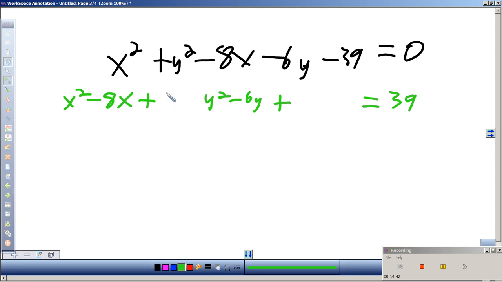16. How do you get 16? 8 divided by 2 is 4, squared, so we know this is going to be 16, and over here 9. Now I can't just add these at random, I have to also add them over here. What is this going to factor out?